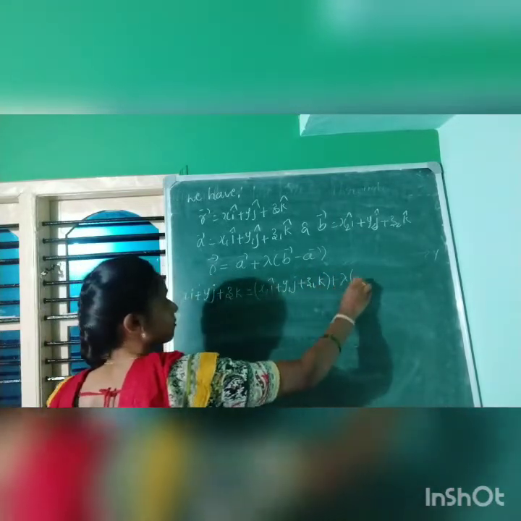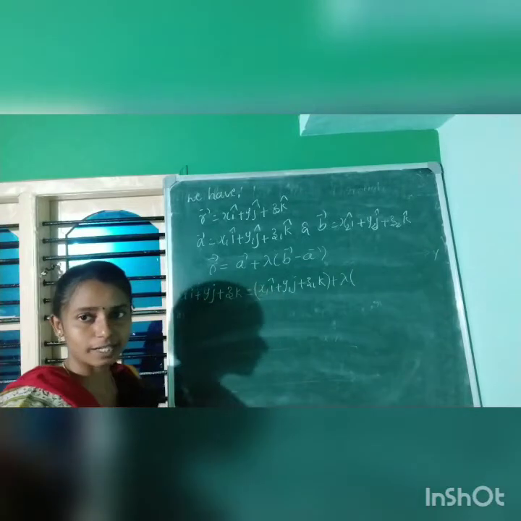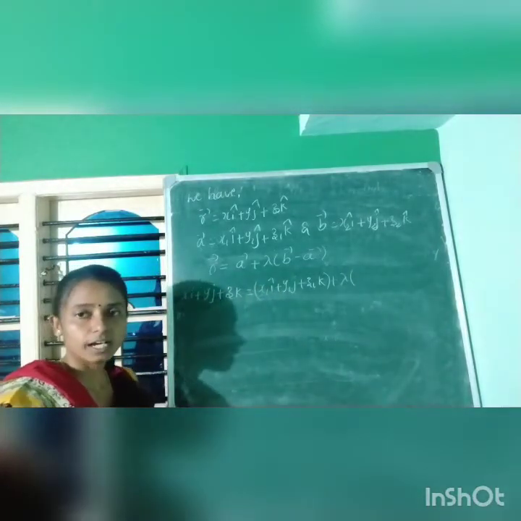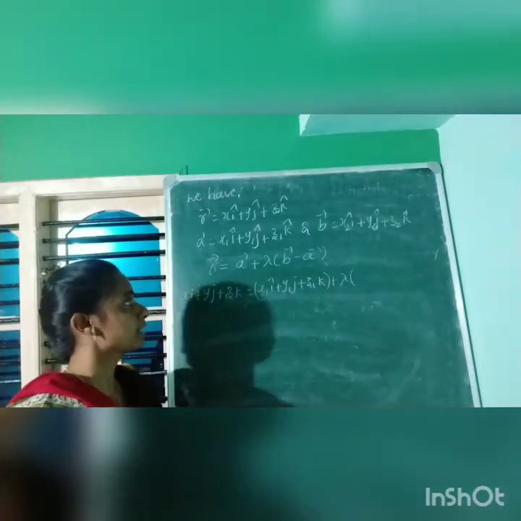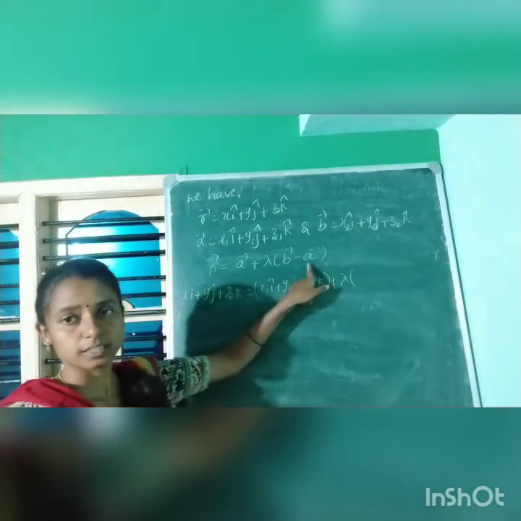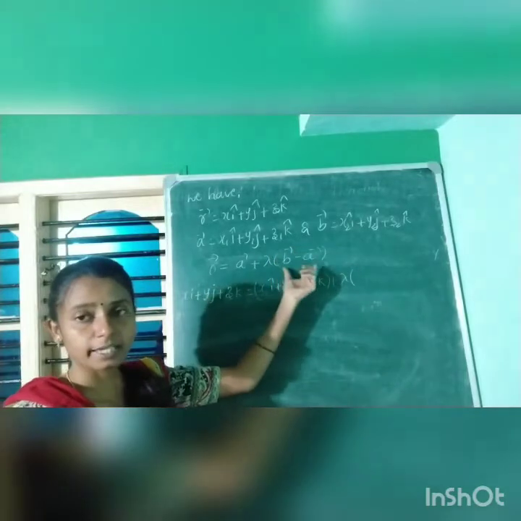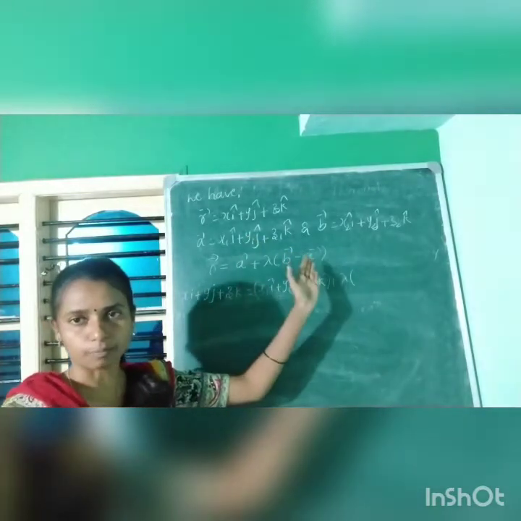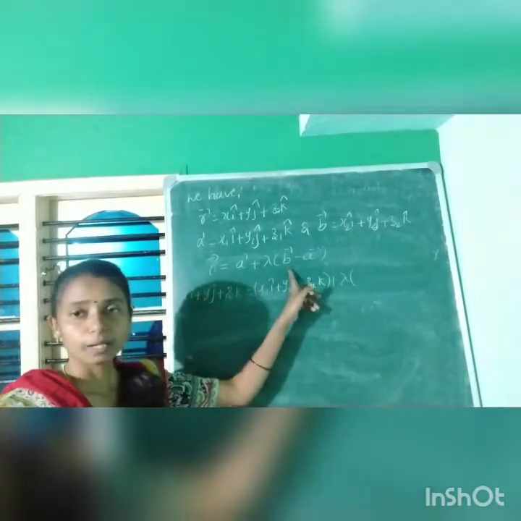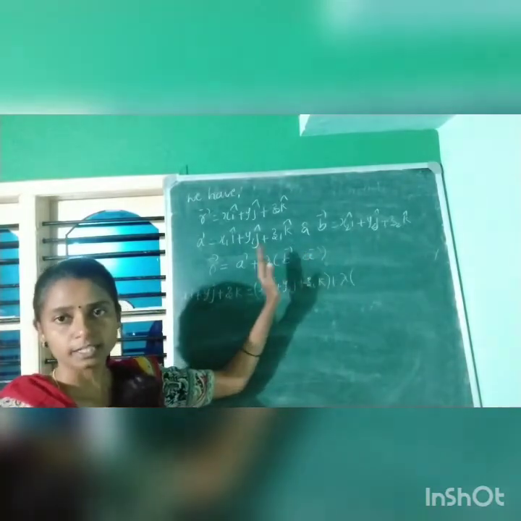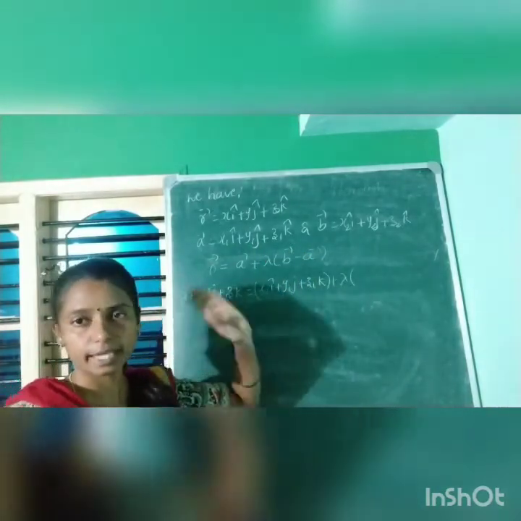If you are good at the difference of two vectors, I can write it directly with the ijk components. In b it is x2, in a it is x1. The difference is x2 minus x1 of the i component, plus y2 minus y1 of the j component, z2 minus z1 of the k component.